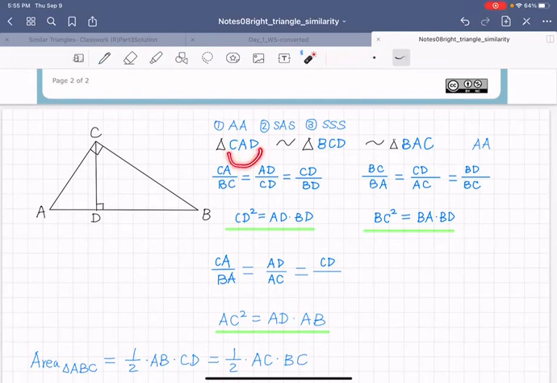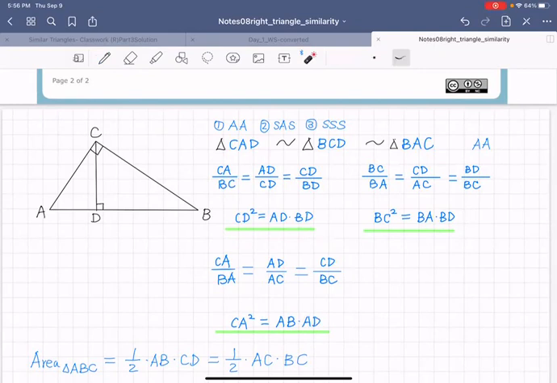Hold on. CD over BC, right? Yeah. Now, in this proportion, can you find somebody's square? So CA squared. CA squared equals BA times AD. All right.